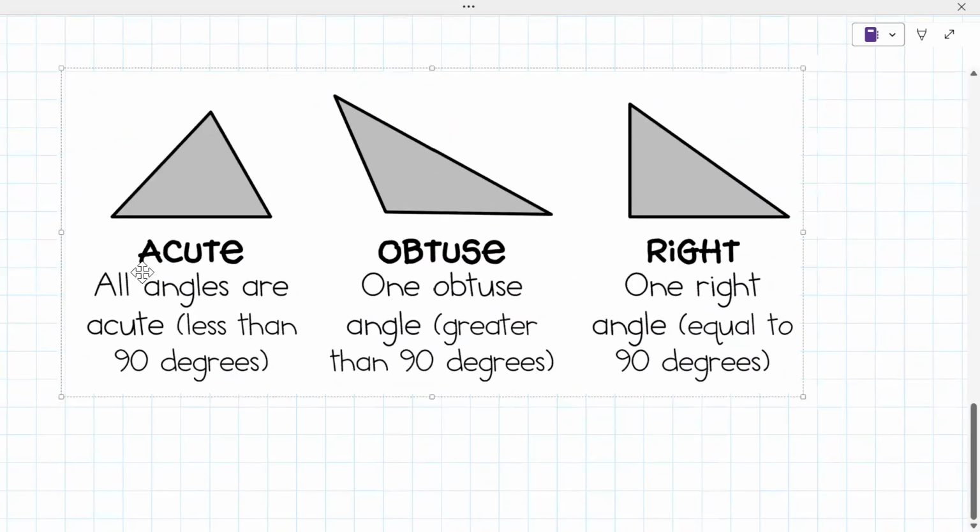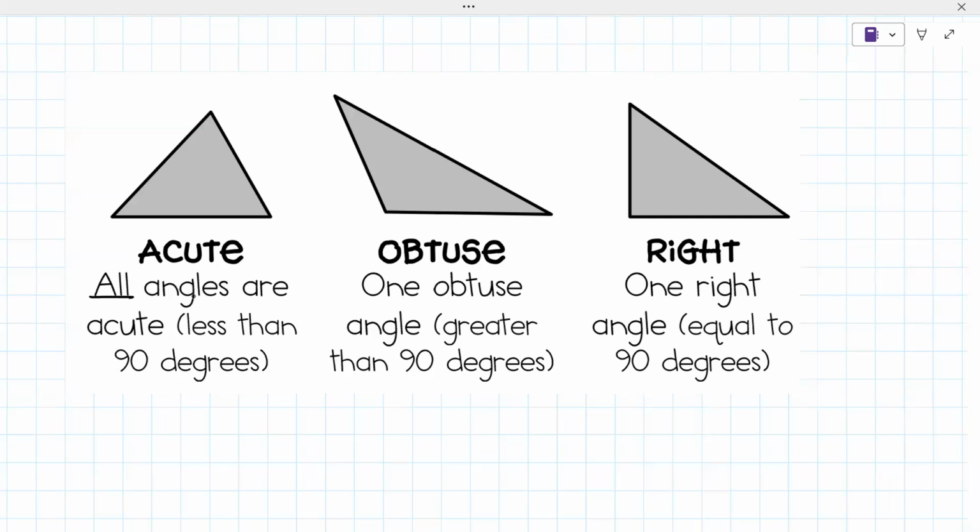You can also talk about the angle measure. If all the angles are less than 90, it's acute. If one angle is greater than 90, it's obtuse, that's the middle one. If one of the angles is a right angle, it's a right triangle.